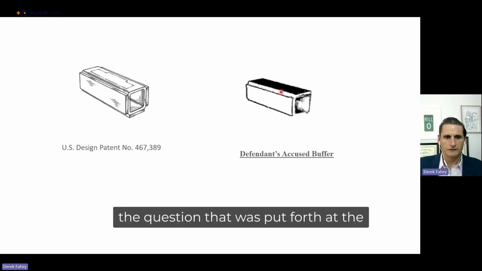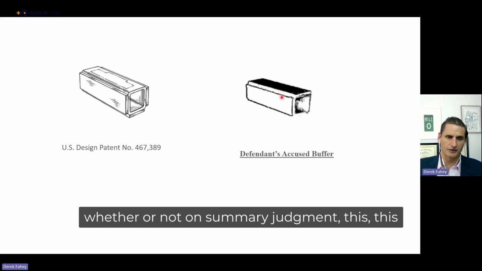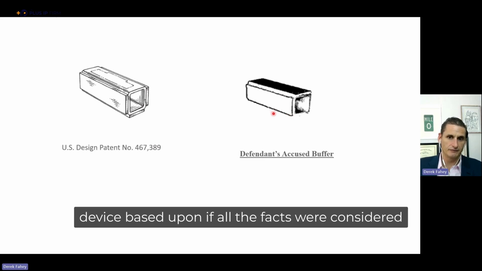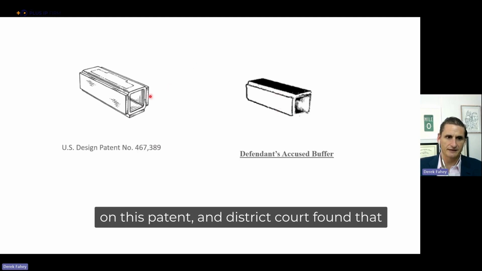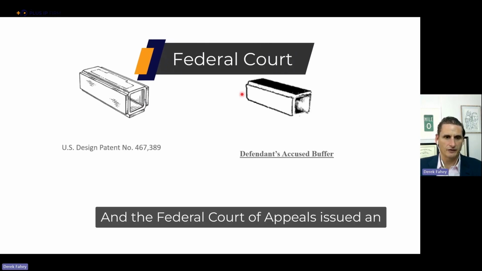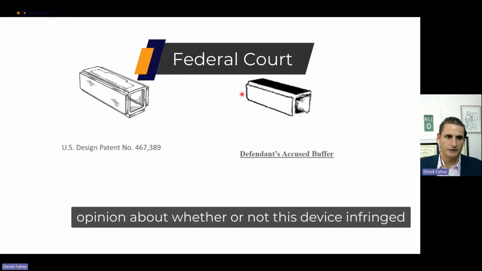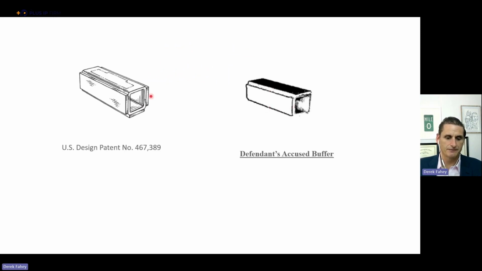The question put forth at the district court was whether, on summary judgment, with all the facts considered to be true, this device infringed on this patent. The district court found that there was no infringement, and the Federal Court of Appeals issued an opinion about whether this device infringed on this device.